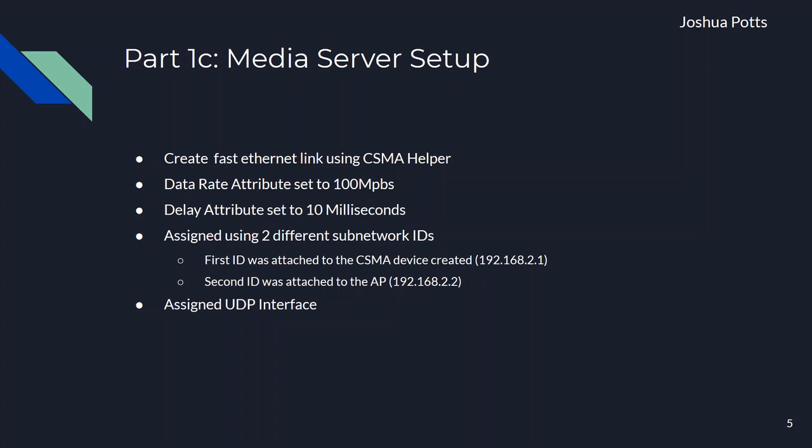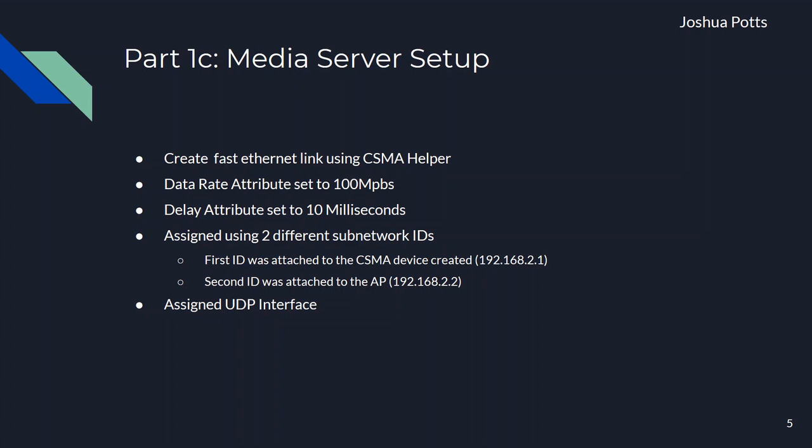After this, we needed to assign the ID to the media server. There was a slight catch within our network. We need to ensure that when the packets were received at the access point, it didn't assume that it was at the destination if these two devices contain the same ID. So we had to assign 2 different subnetwork IDs.